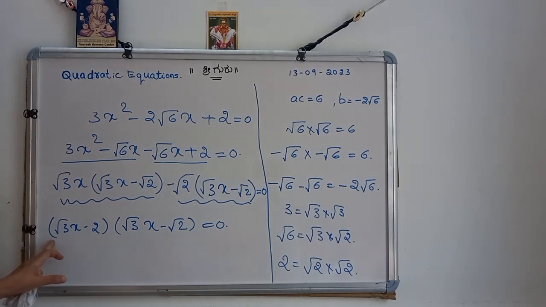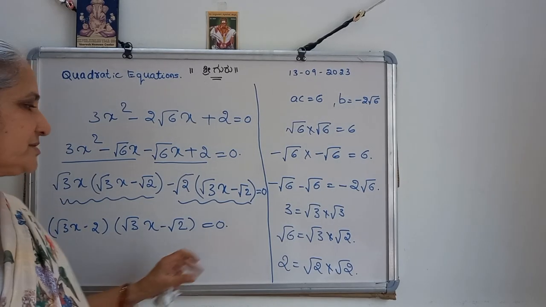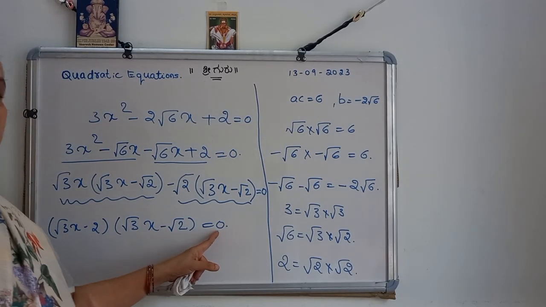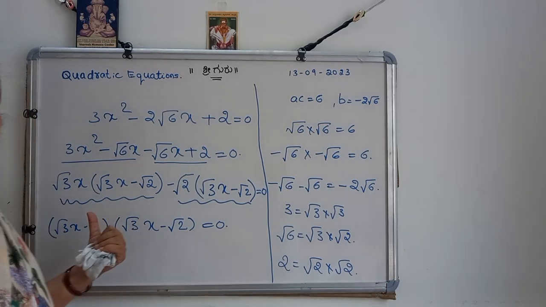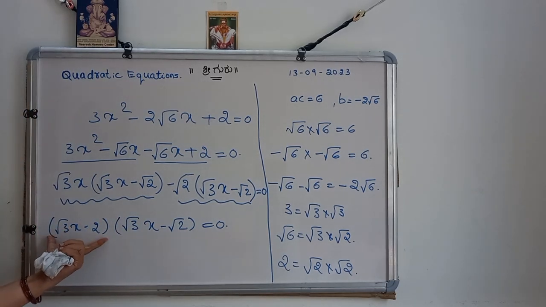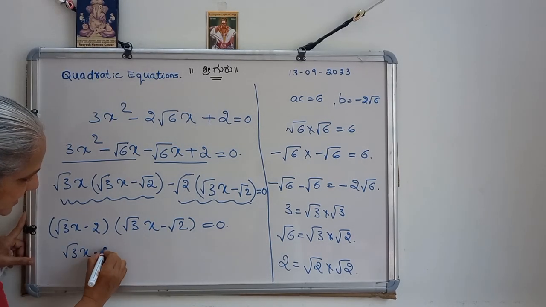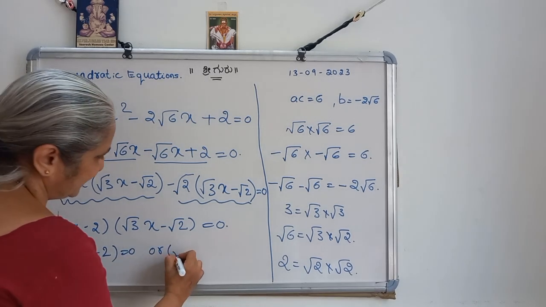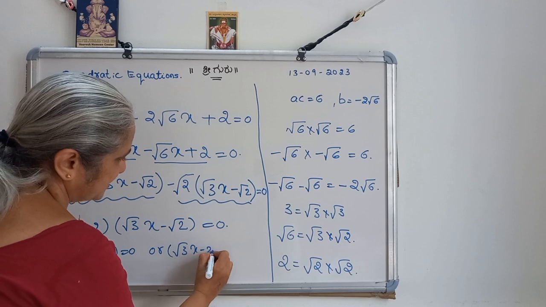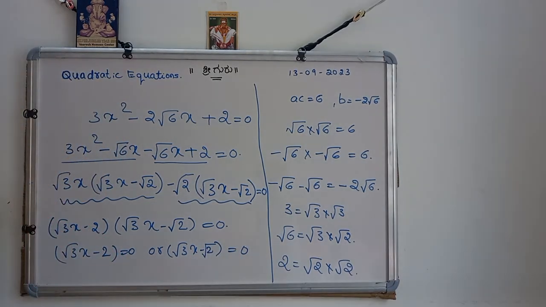Now equating each linear factor to 0, because a into b is equal to 0 means either a is 0 or b is 0. Similarly, either this factor is 0 or this factor is 0. Writing root 3x minus root 2 is equal to 0, or root 3x minus root 2 is equal to 0.